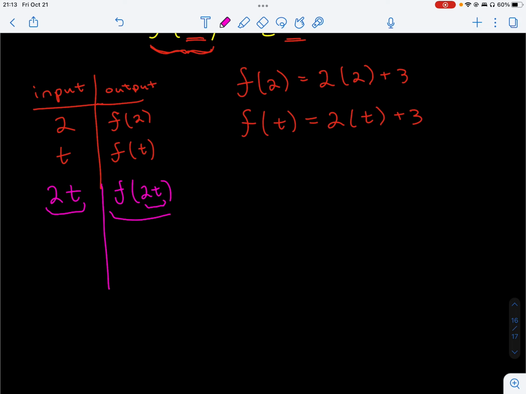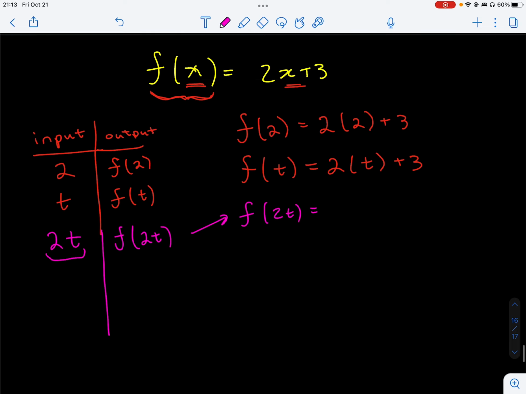So f of 2t is equal to, well, here's the x, here's where I plug in my inputs, I get 2 times 2t plus 3. If you wanted to, you could say this is 4t plus 3, but right now I don't care about that yet.